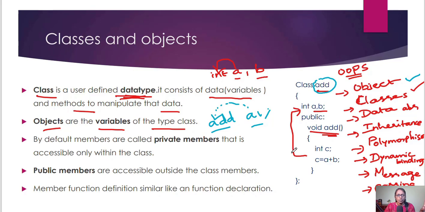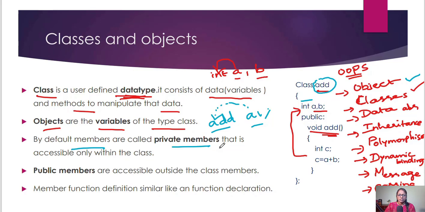Now you have completed two concepts in OOP, objects and classes. Very good. Next thing, by default members are private members. If you are not defining anything, they are treated as private members.